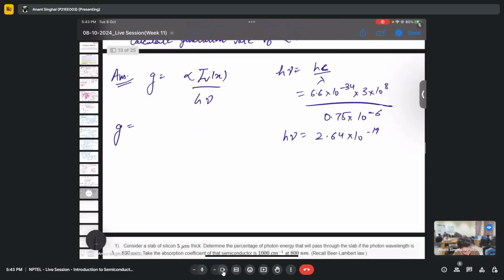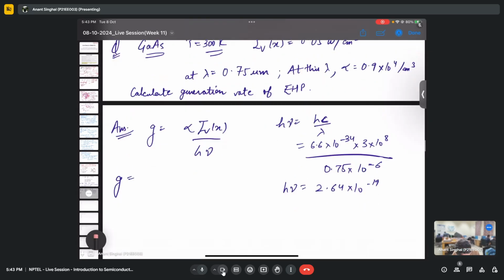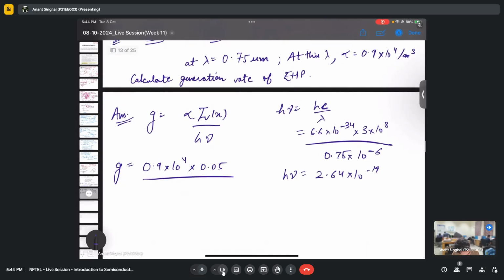So now generation rate: alpha is given. It should be given. Yeah, 0.9 times 10 raised to the 4. IVX at this point is 0.05. So now everything is in centimeter, so the final answer will come in per centimeter cube second. And h nu is 2.64 times 10 raised to the minus 19.